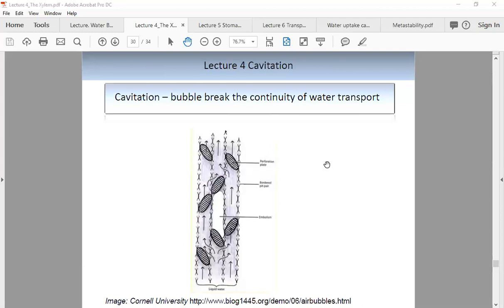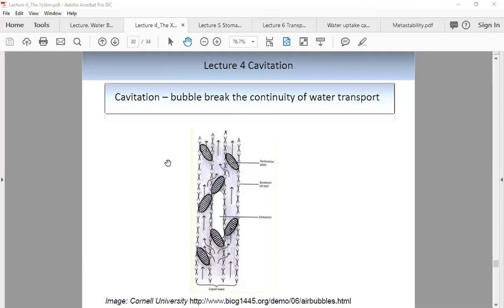So that's also another way that cavitation can be relieved. And one more way. We haven't talked about root pressure in much detail, but root pressure is thought to be another way that plants can restore xylem function.